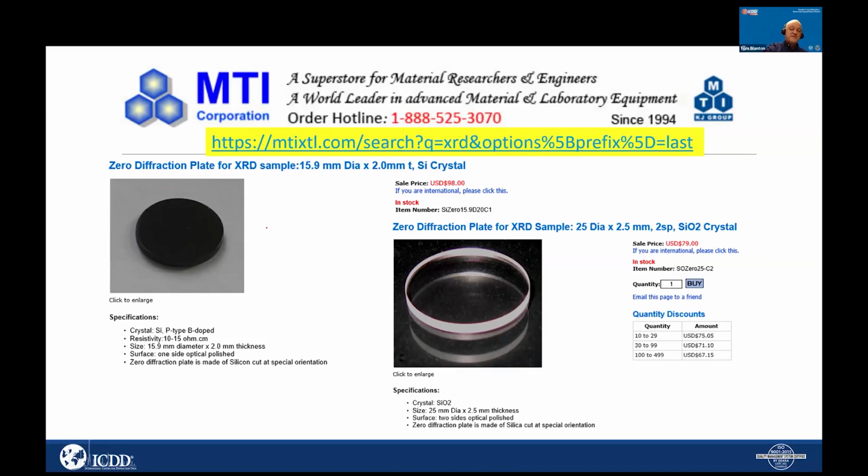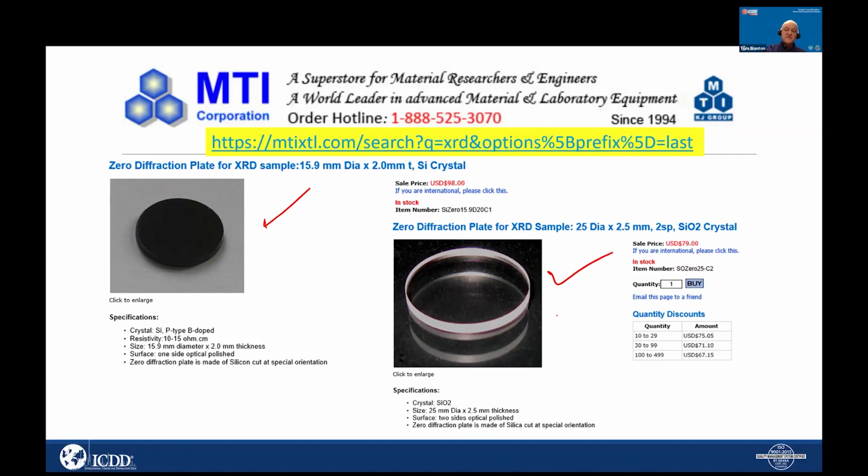They sell both silicon as well as off-axis quartz. I will say the quartz is more durable. The silicon tends to be a bit fragile. They sell 1 and 2 millimeter thick silicon. The 1 millimeter can crack easily. The 2 millimeter is a little more durable, a little more expensive.